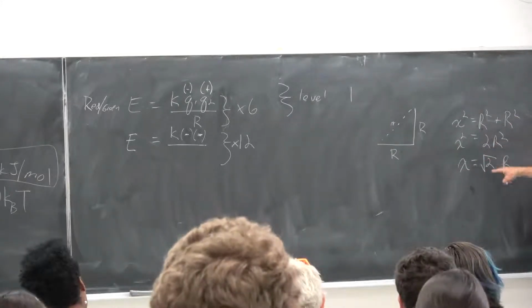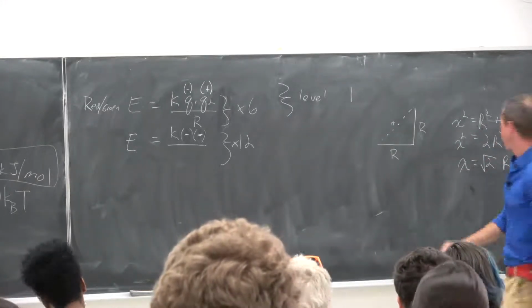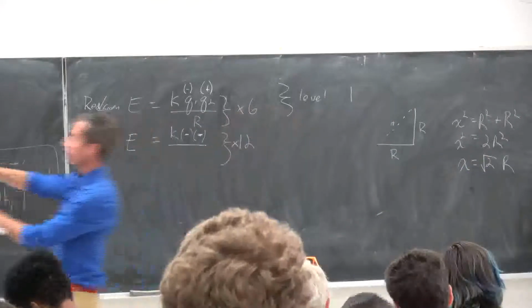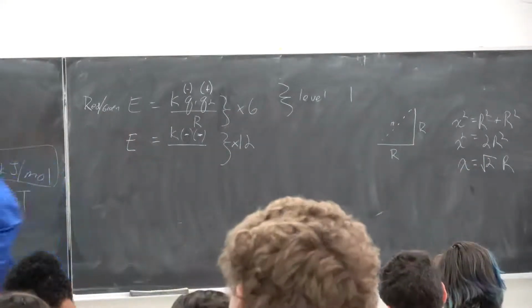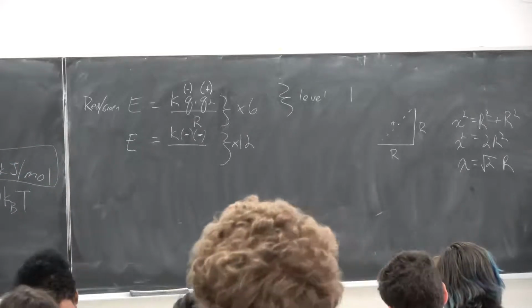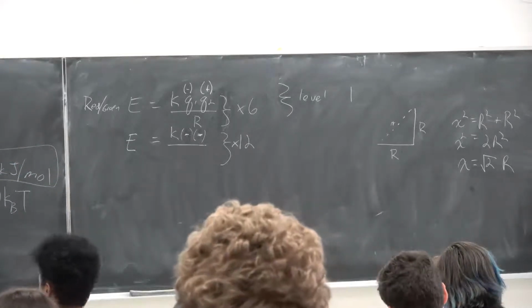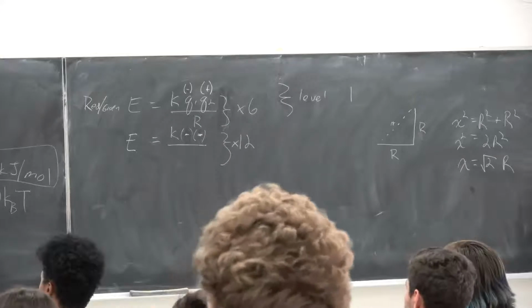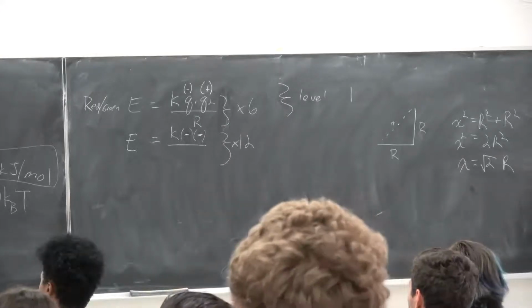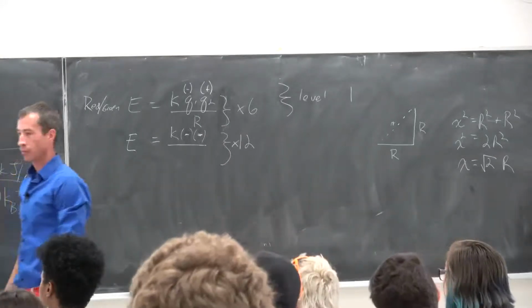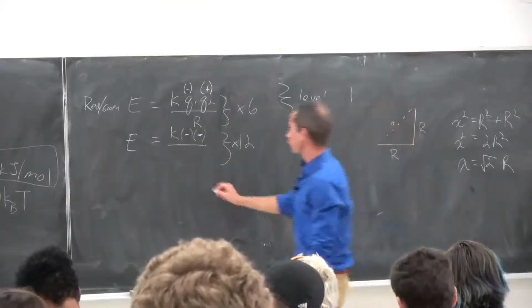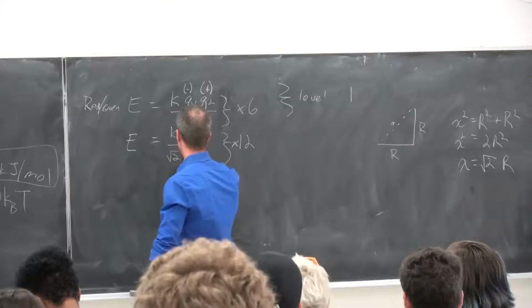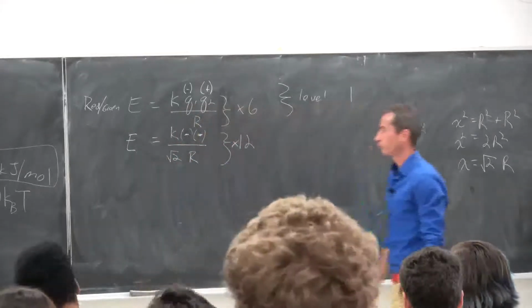So r squared plus r squared, 2r squared, square root of 2r is that distance between 0 and 2. Or between 0 and this 2. Maybe this one's a little more obvious to see, where this is a 90-degree angle, so this 2 is coming out of the board. Okay? So square root of 2 r.